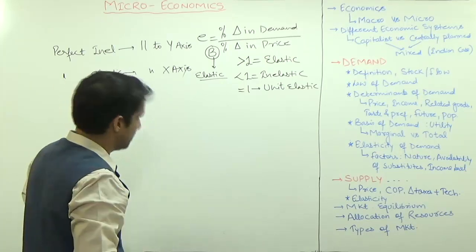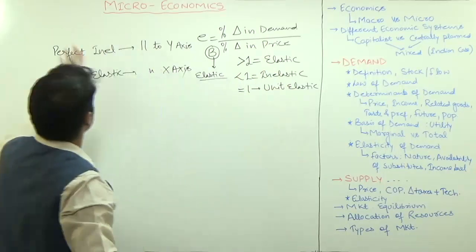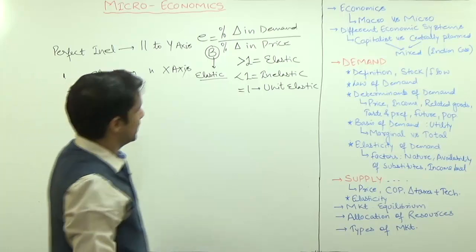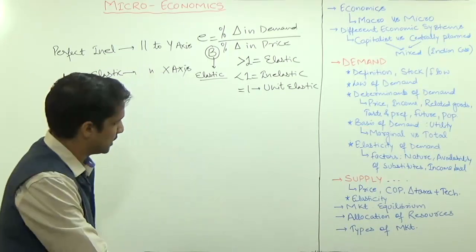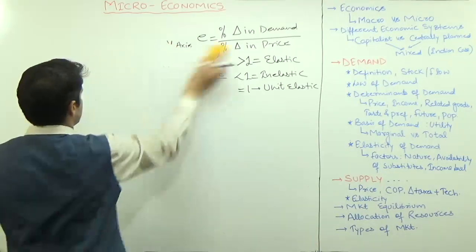So this you have to remember. Elasticity more than 1, less than 1 and all these things. Then in case of perfect inelastic, it is parallel to the y-axis, and the second one is parallel to the x-axis.